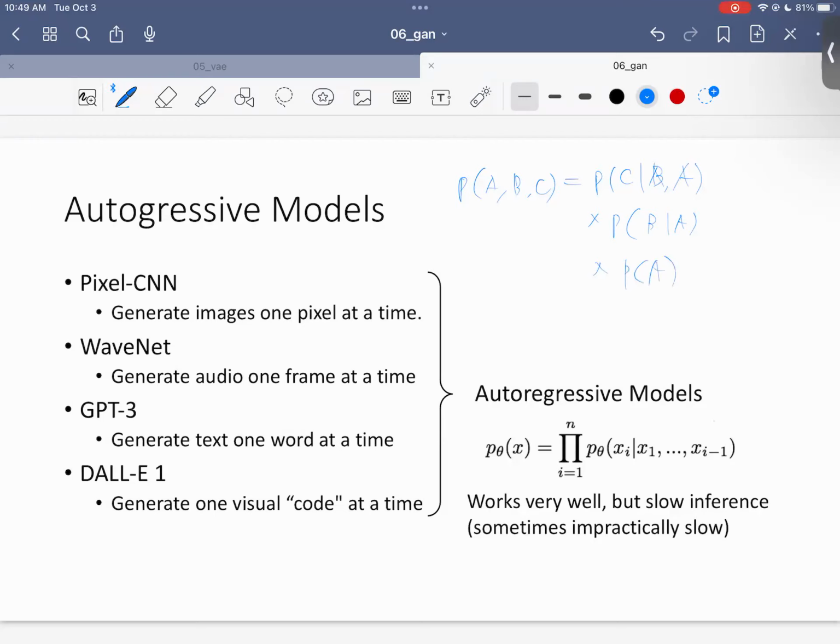So you can factorize it like this, and that's what's happening here. You start with the first pixel, then you generate the second pixel based on the first, then the third pixel based on the first two, and so on and so forth. It works very well, but is slow in inference.